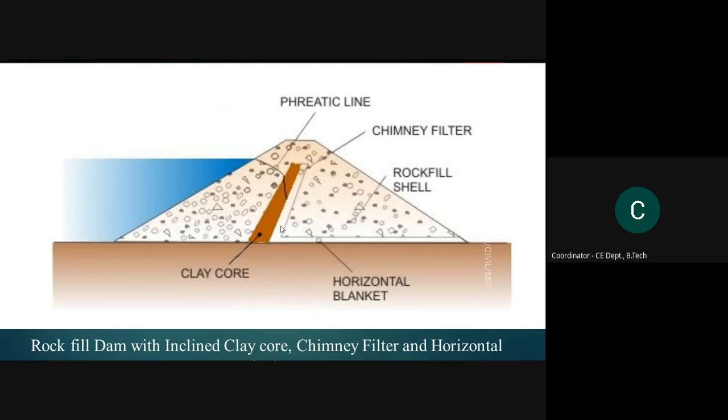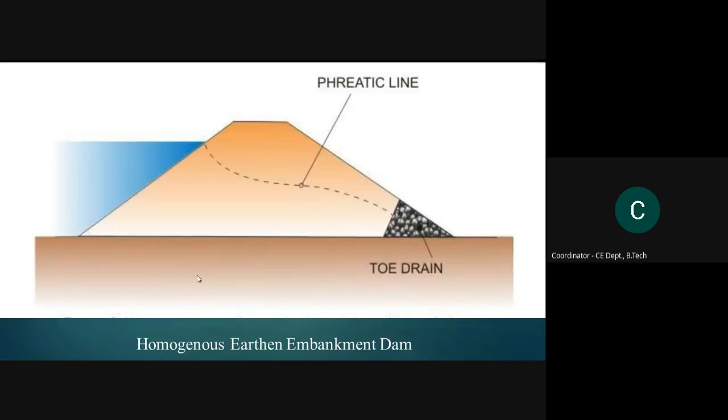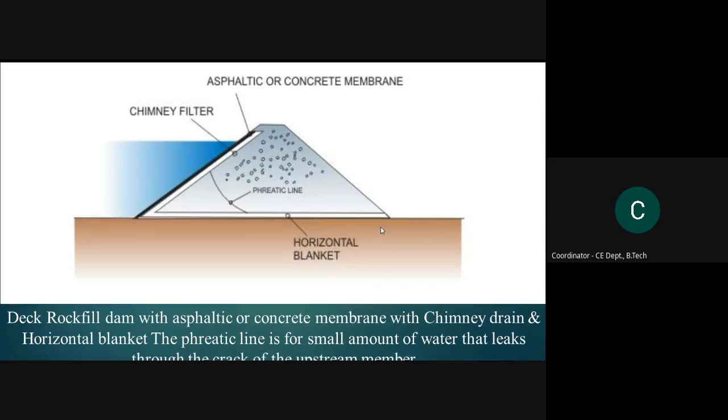And this one uses similar material, but the clay core is situated in an inclined way, as is the chimney filter. And this is the homogeneous earthen embankment dam, where I have already shown this diagram, having a toe drain at the toe point of the dam. And this one is the last one.